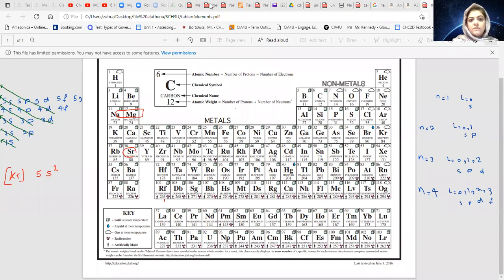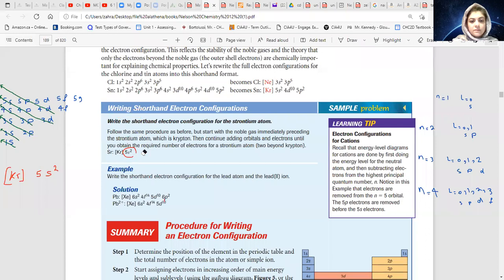Yes. I'm going to erase this. Next question: write the shorthand electron configuration for the lead atom and lead 2+ ion. Let's do it for lead, which is Pb, right?